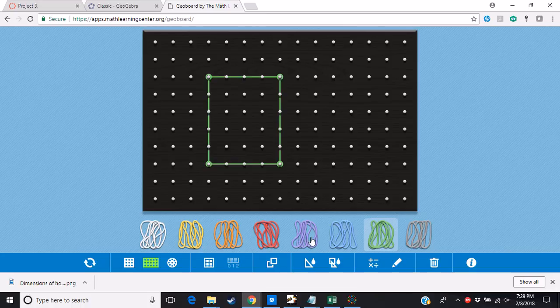Now the last thing we want to do with this shape is we're going to make a triangle. Over this, that covers half of it. Now, there are a couple of different ways to get the area of the triangle.